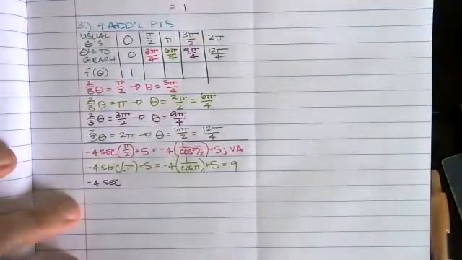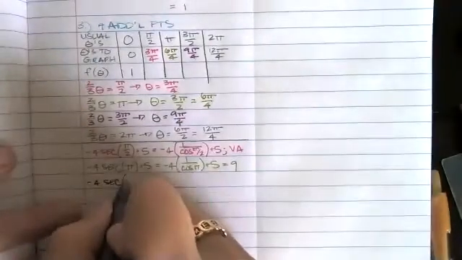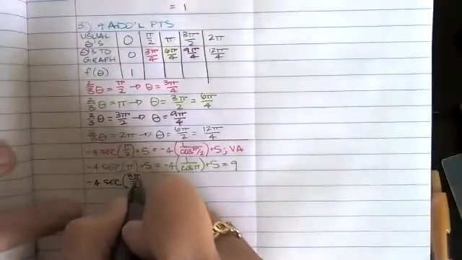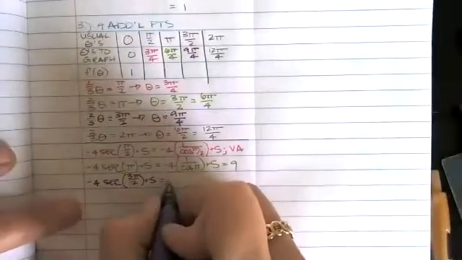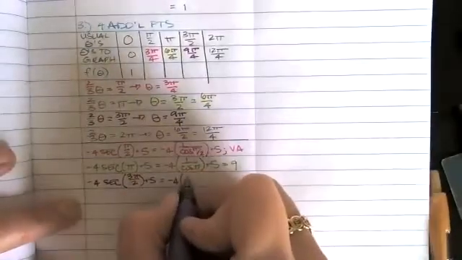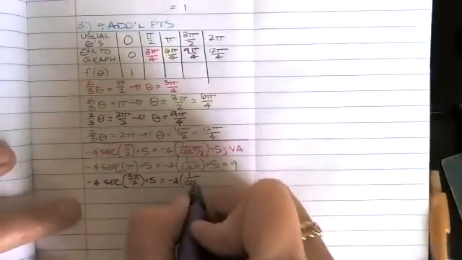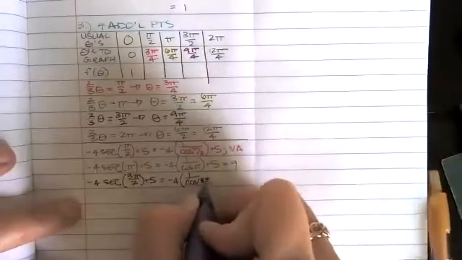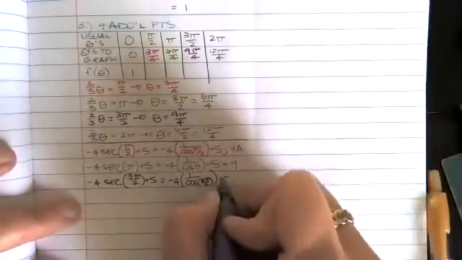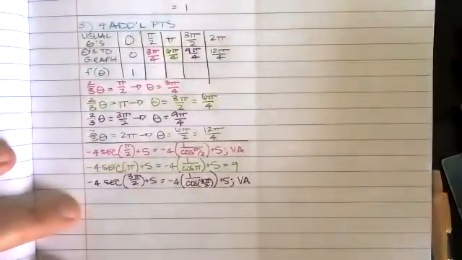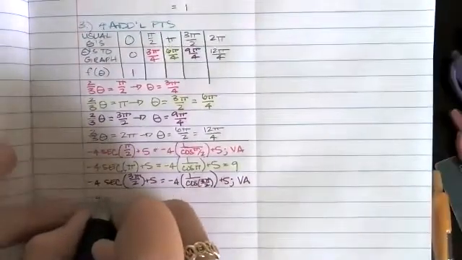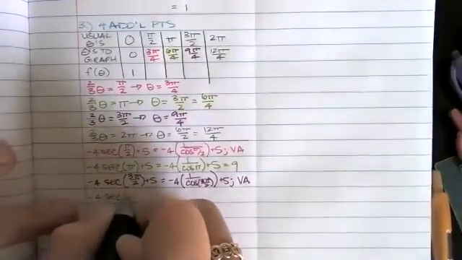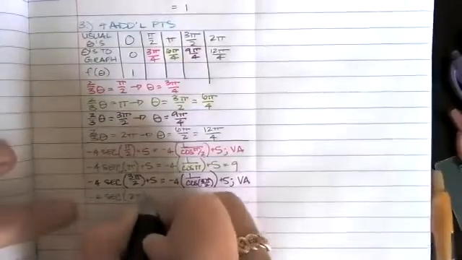Okay, so our next angle is 3 pi over 2, which we know also is on the negative y-axis. So this will be 1 over the cosine of 3 pi over 2, but we know that's going to be 0. So that gets us another vertical asymptote. And then our very last value is negative 4 times the secant of 2 pi plus 5.